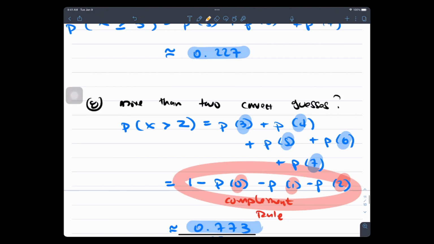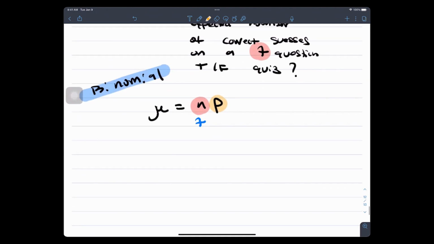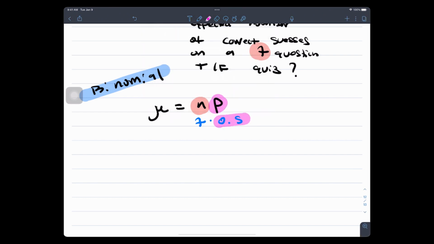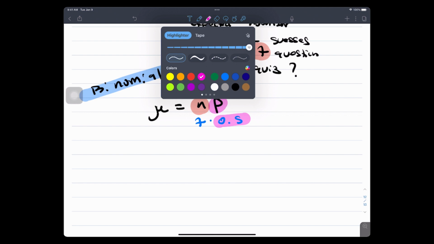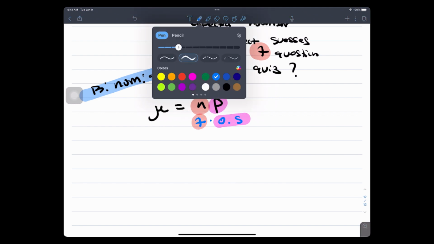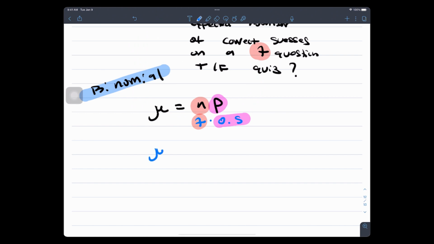So for the mean, we just have to know n. We just have to know little p. It was pink, though. But now we got red and pink. And so can you multiply those two numbers? You guys should be excited. Why should you be excited? Do you have to use this definition?